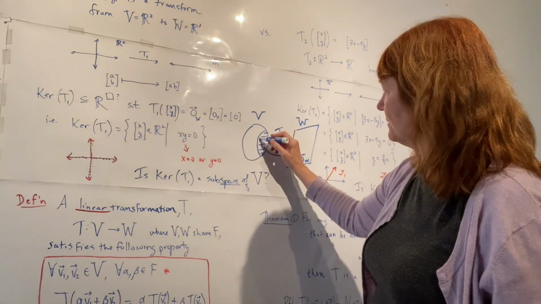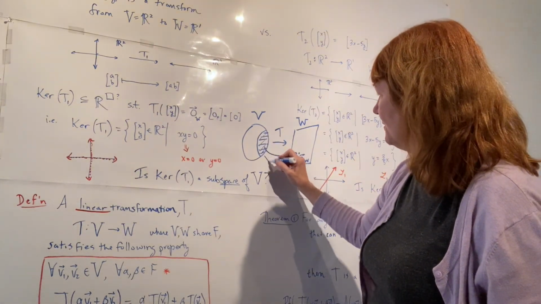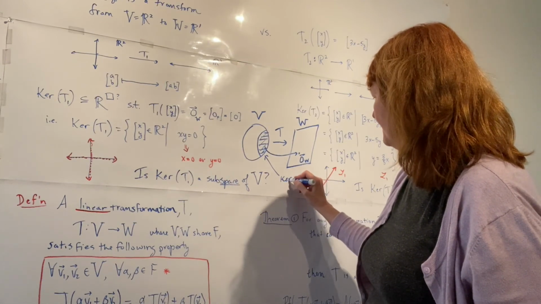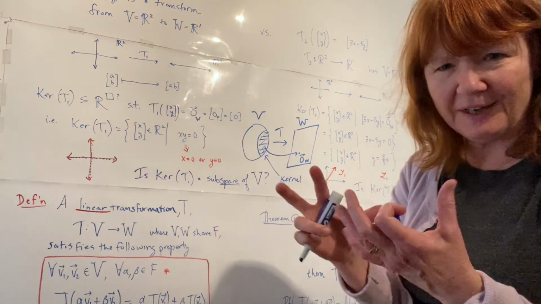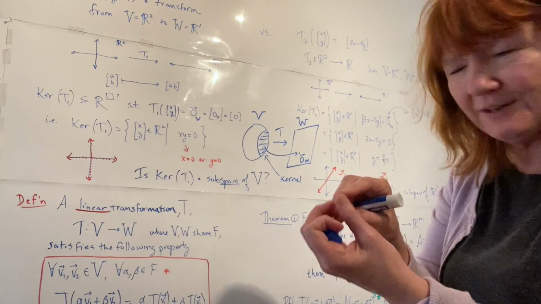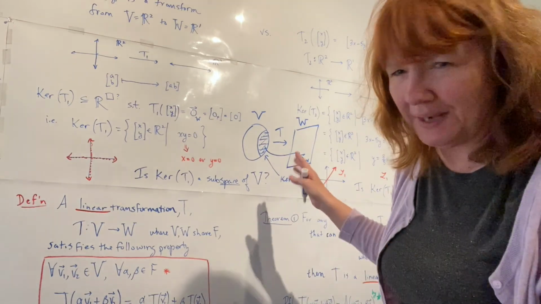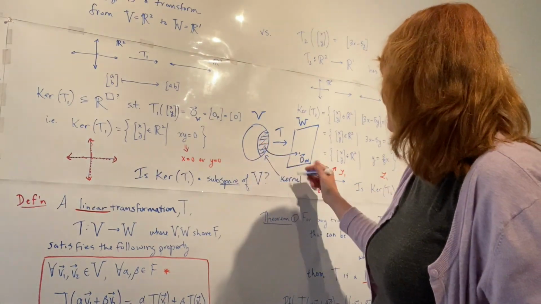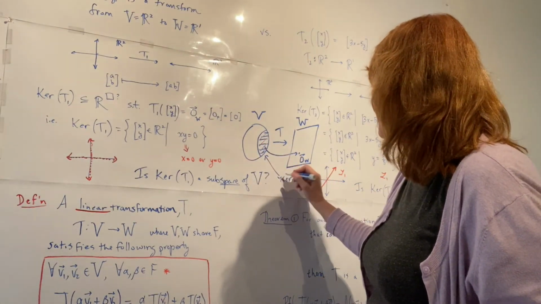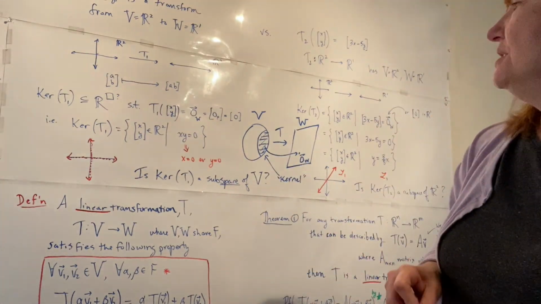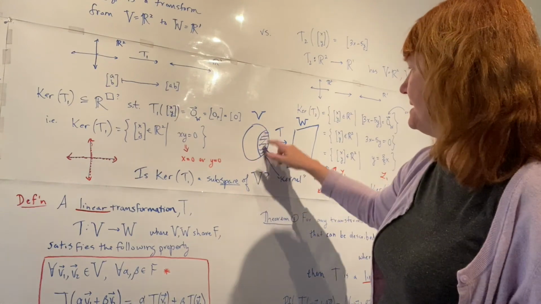You see this little darkened bit gets called the kernel. It looks just like a kernel that you find in a nut, that sort of central part of it. I don't know any botany, but anyway, that gets called the kernel: everything that gets mapped to the zero vector under the transformation. So the kernel is a subset of V.